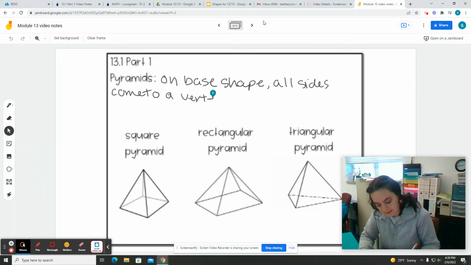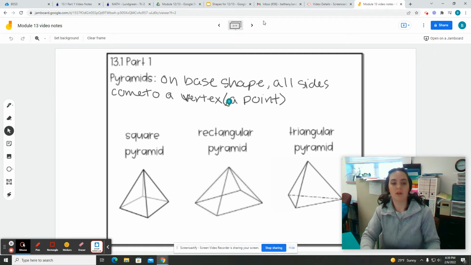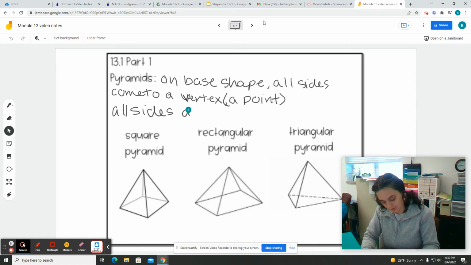A vertex is just another word for a point. Put those in parentheses. So it's one base shape, and then all the sides come to a point at the top. Okay? All the sides are triangles.